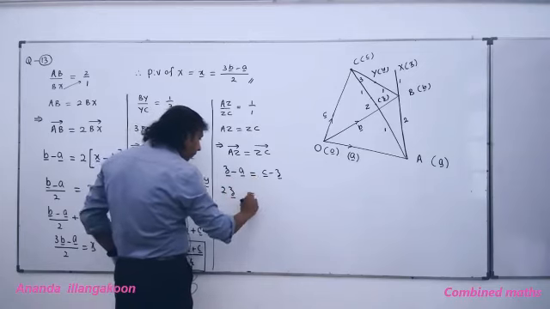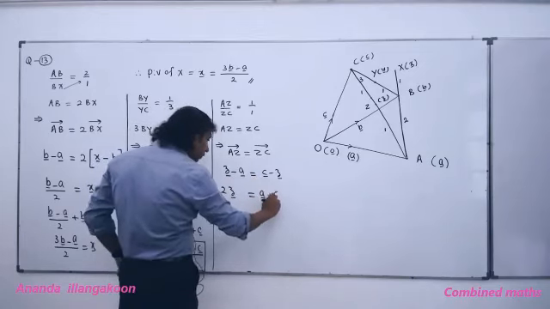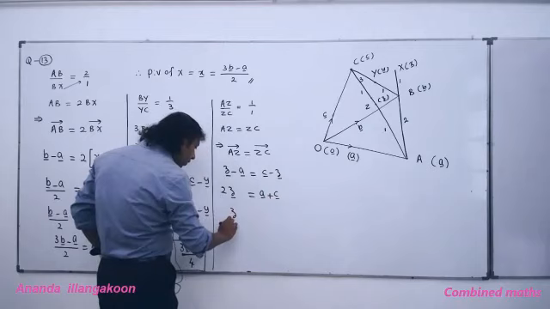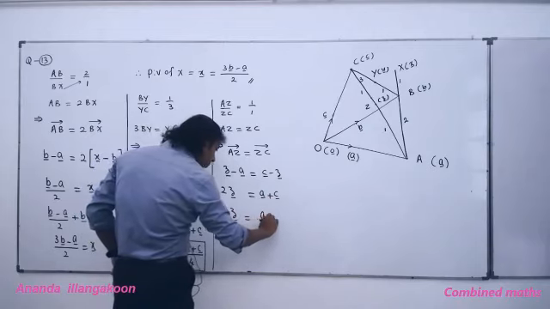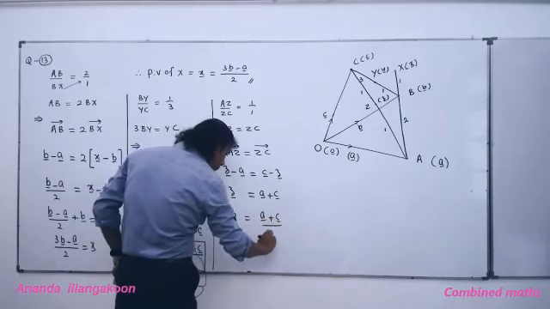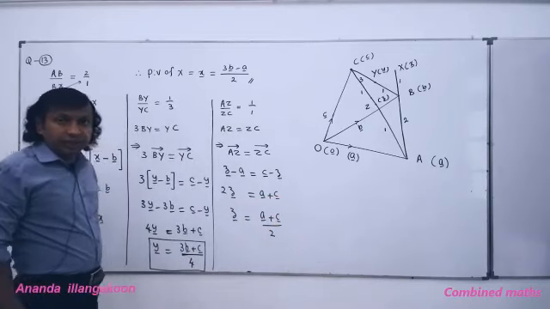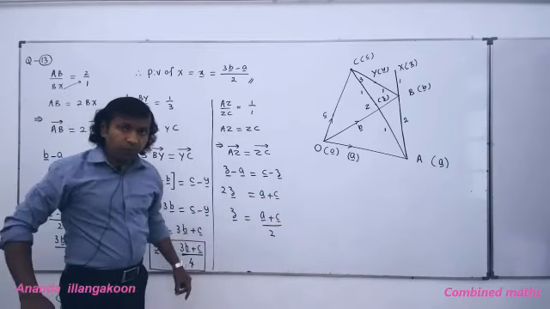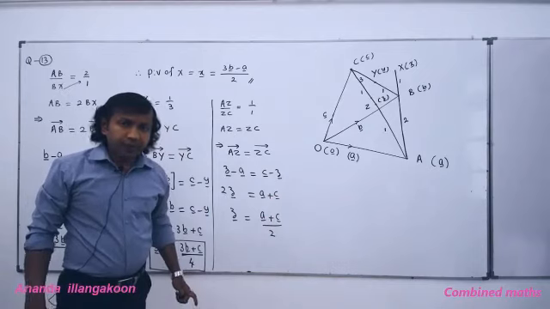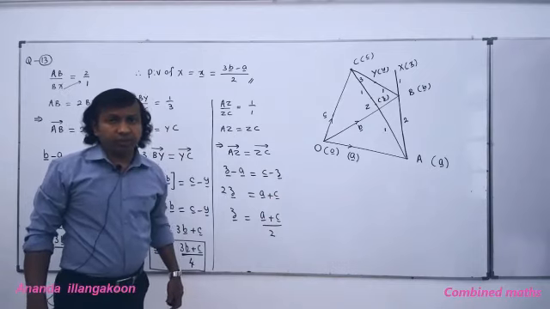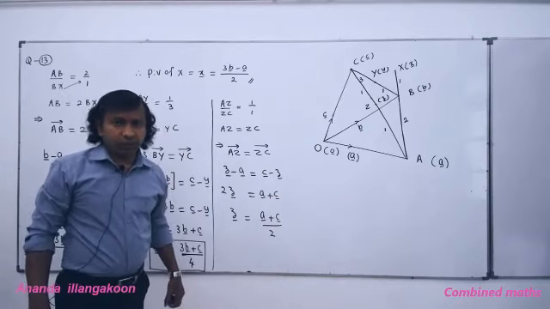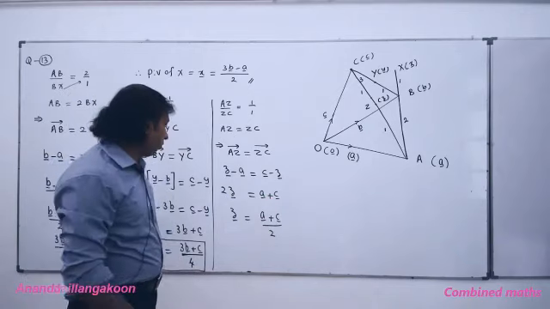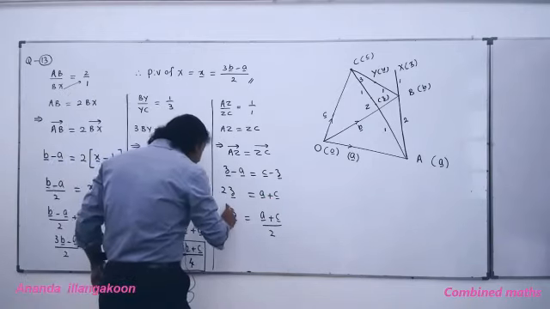Take this to the right hand side, A plus C. Then Z vector is equal to A plus C vector by 2. Understand? This answer also, people, we could have obtained directly by using the ratio theorem, but we don't do like that. This way only we use. Right. So now the position vector we found.